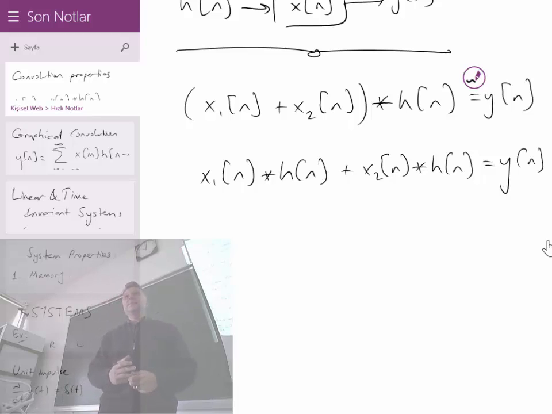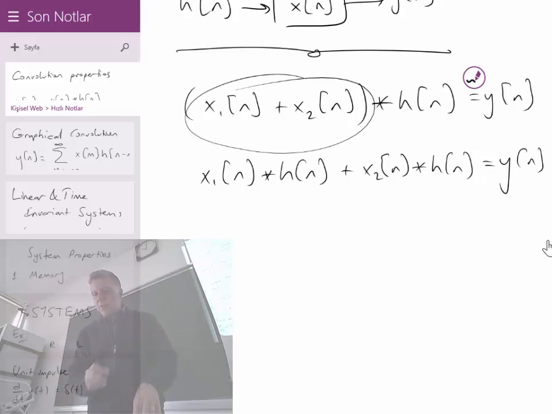And that's why I'm telling you that you can split your signal, your x signal, into simpler components, and then perform the convolution with h. You must have separate convolution results, and then you must combine those convolution results.